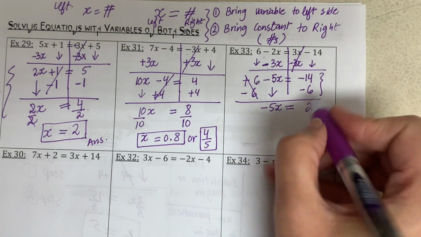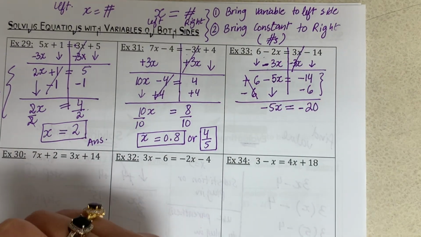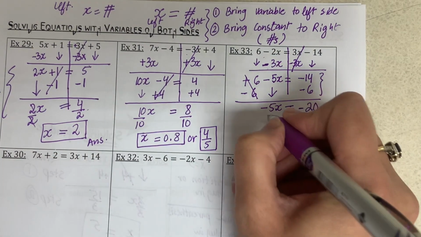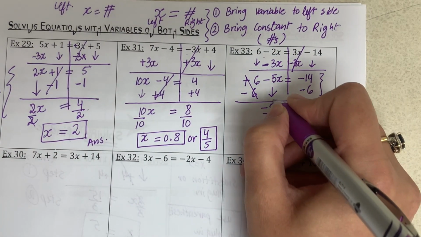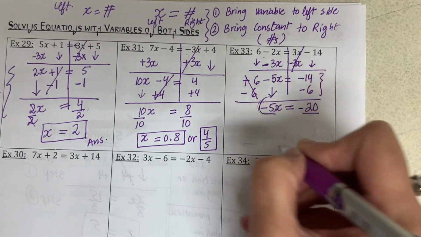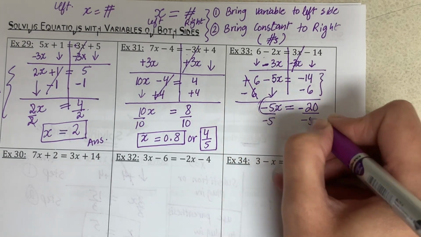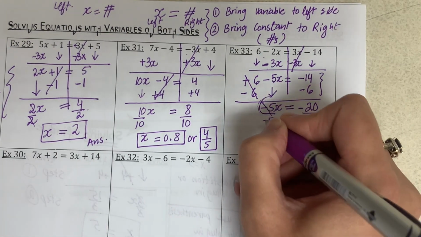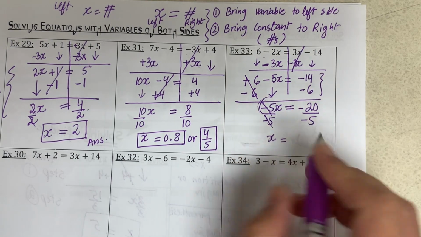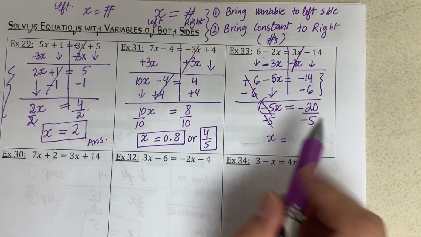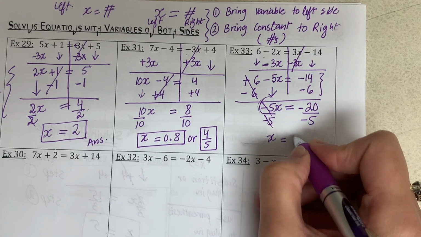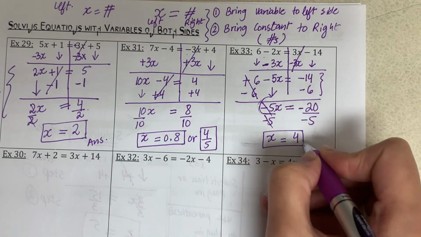Keep the sign of the greater number, minus. Then divide by this number over here, which is negative 5. Divide by negative 5 on both sides. X equals, 2 negatives make a positive. So this is a plus. 20 divided by 5 is a 4.